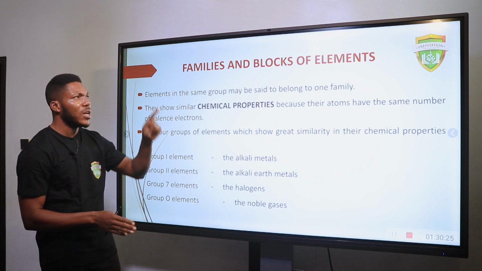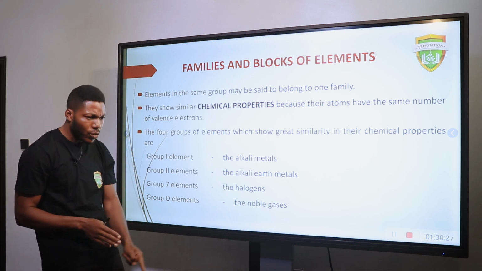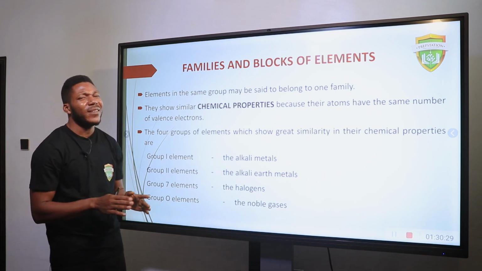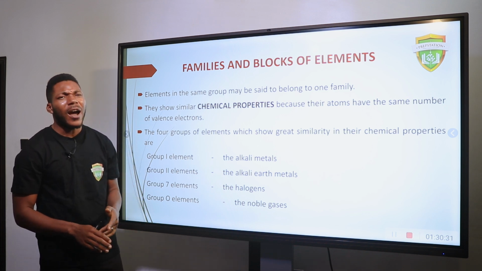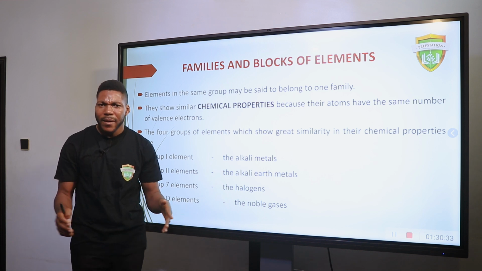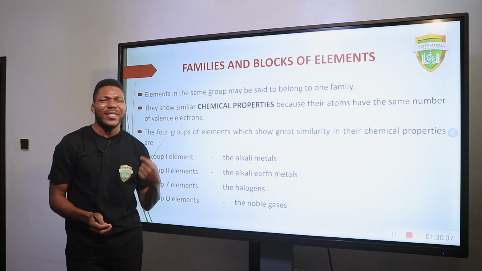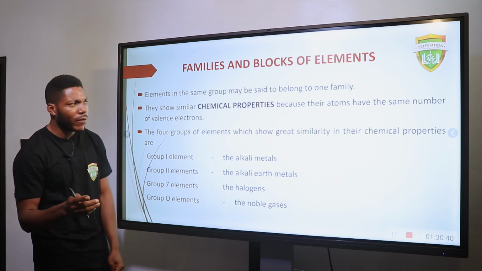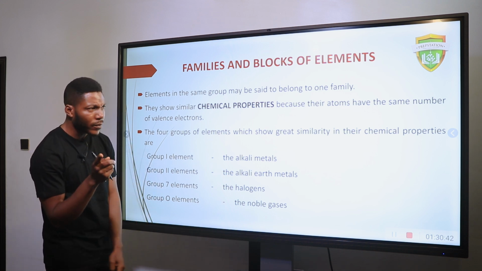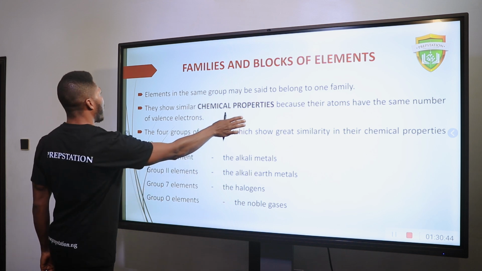So the elements in group 1, group 2, group 3, and so on, behave the same chemically. But they may have different physical properties, maybe their softness, their density, their colors. When you come to their reactivity, they are the same because they have something in common in that particular group.